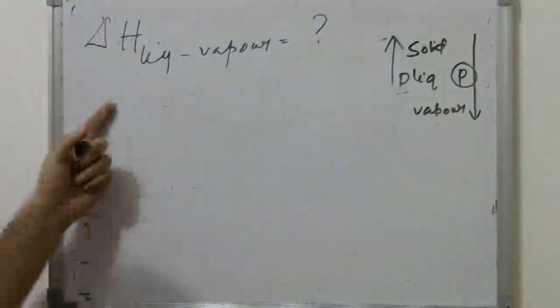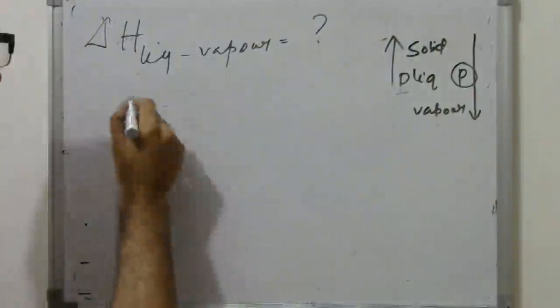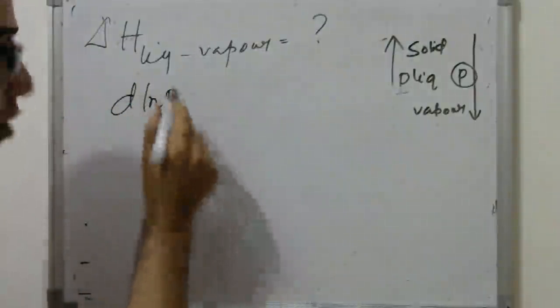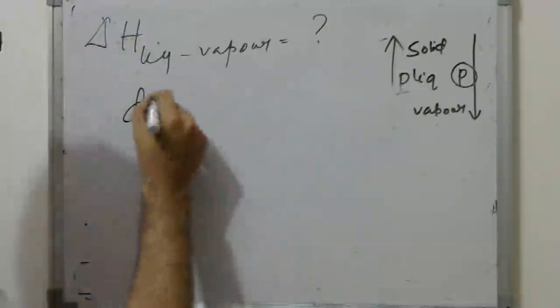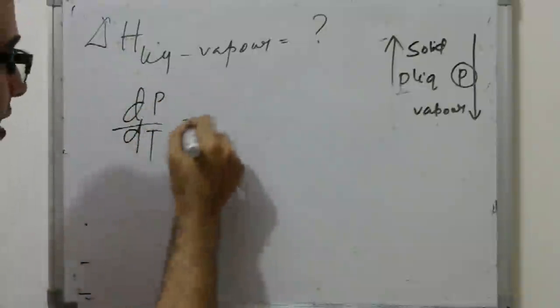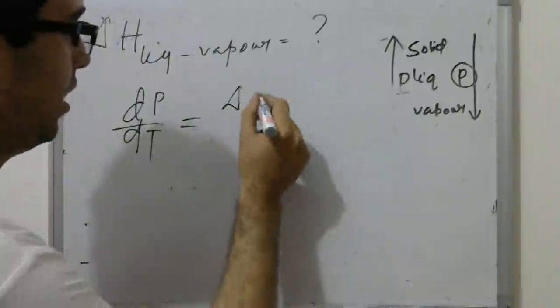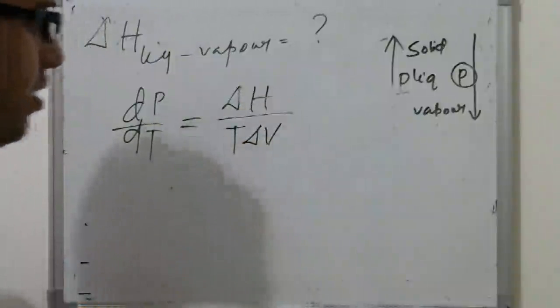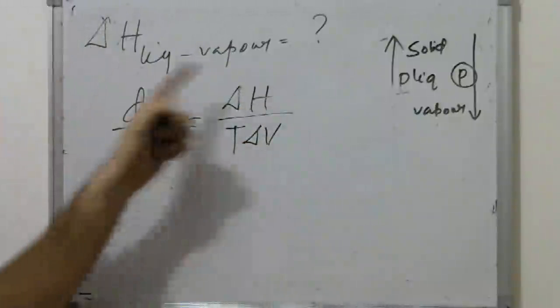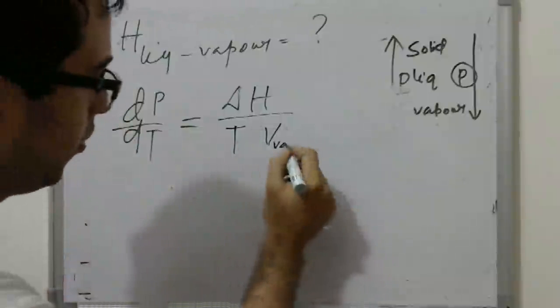Now, just recall the formula that I have used. Let me rewrite this equation if you have any doubt. dP by dT is delta H by T delta V. We have already derived it. This is liquid to vapor. Vapor has a significantly higher volume, so delta V is replaced by V vapor.